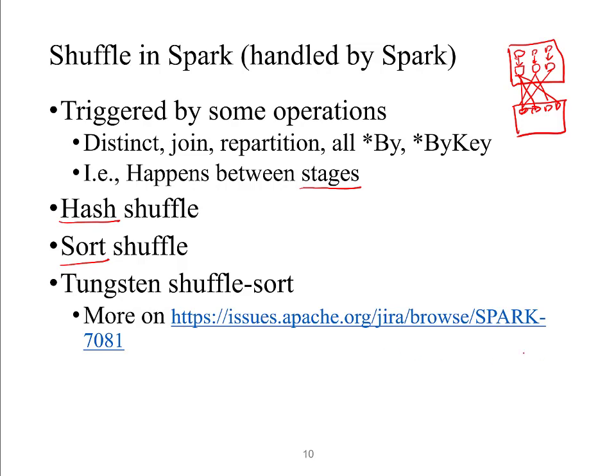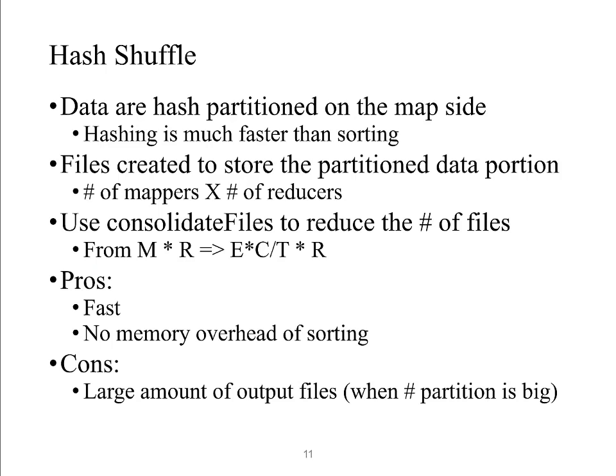If you are interested, here is the link, or you can Google it. So, hash shuffle. In hash shuffle, data are hash partitioned on the map side. The good thing about hash shuffle is that hashing is faster than sorting.